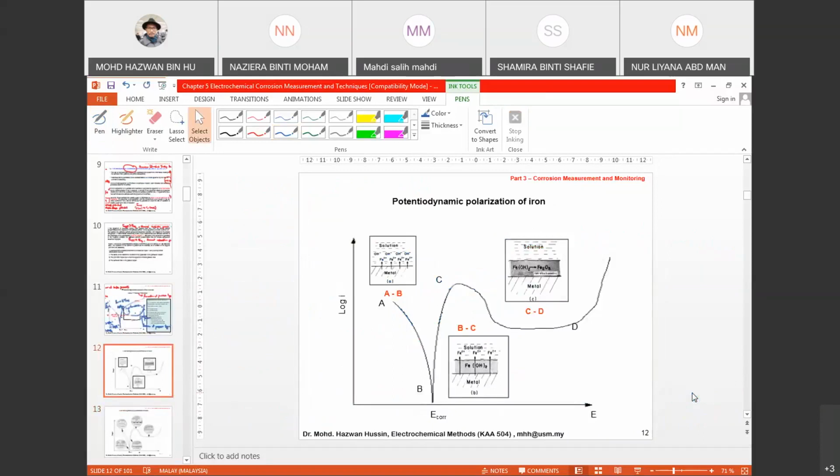So this is more or less what I have explained earlier. You have a formation of ferrous hydroxide as the first layer, and then when it thickens, when it's further oxidized to form magnetite or hematite, you'll see that the thickness becomes thick, and this gives the establishment of a passive layer.